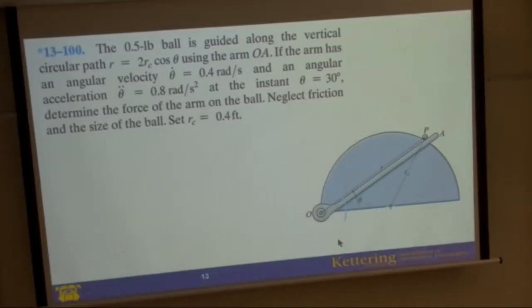Let's start to solve. The weight of the ball is 0.5 pounds. Now, we can find the mass: W equals mg, or mass multiplied by 32.2.